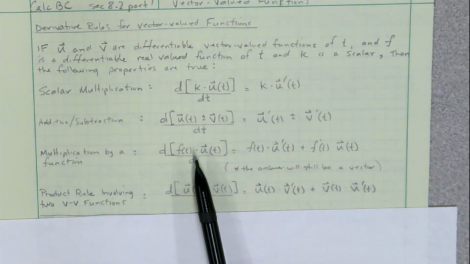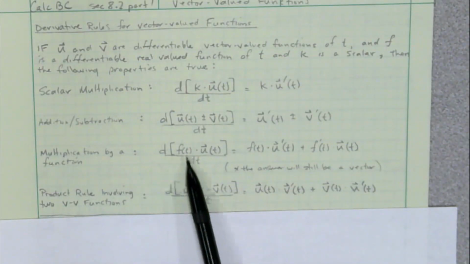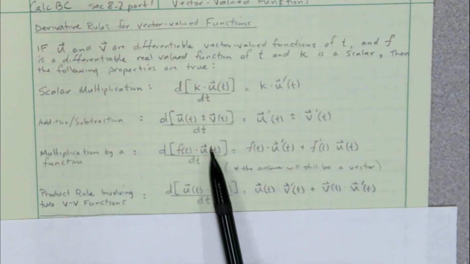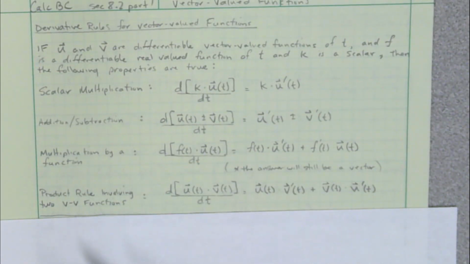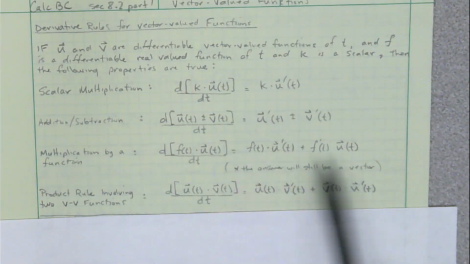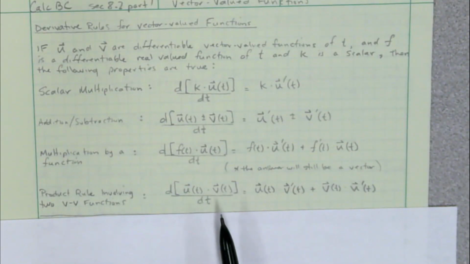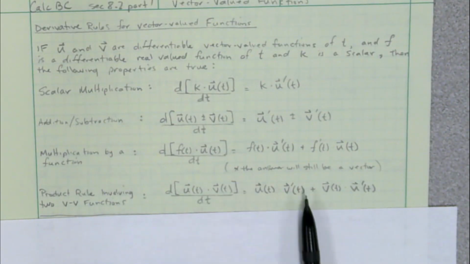Multiplication by a function: this is some function of t times a vector of t, and so you'll notice that you have to do the product rule here. And remember, since these are both vectors, you're still going to have a vector answer on this one. And this is the product of two vectors themselves, and again, product rule format.